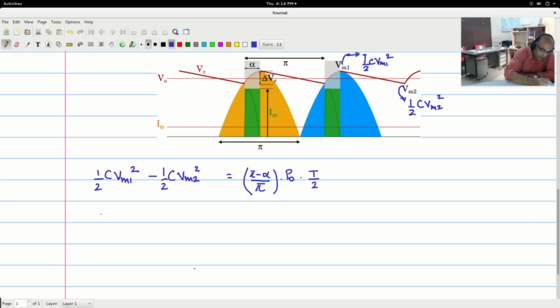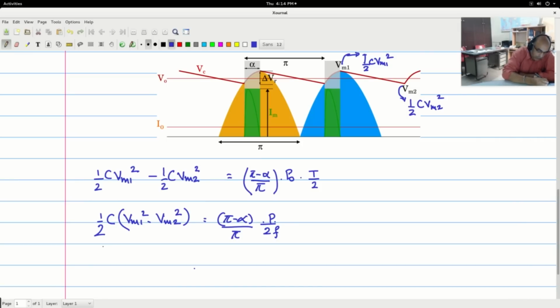So let us simplify this. Half C into Vm1 square minus Vm2 square equals pi minus alpha by pi into P naught by 2 F. F is the supply frequency.